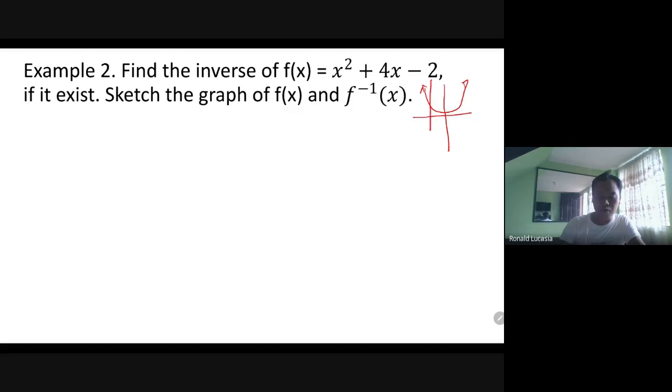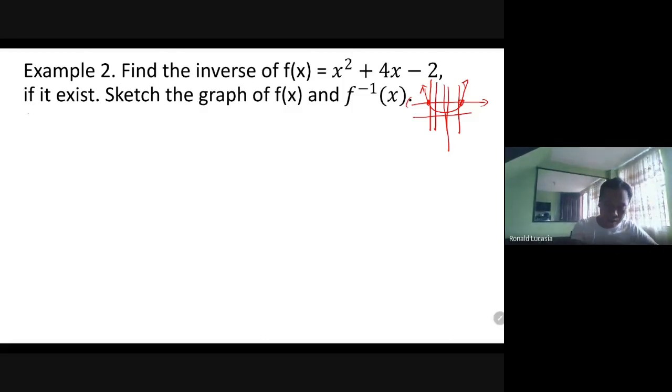It satisfies the vertical line test, meaning that it is a function. But technically it will not satisfy the horizontal line test, which means x squared plus 4x minus 2 is not a one-to-one function. But we are going to show in our solution that the inverse of that function does not exist.